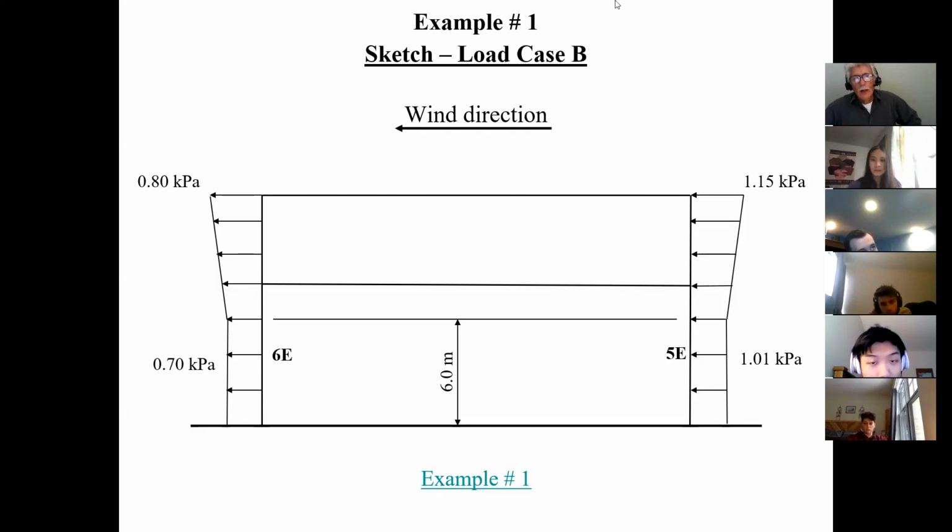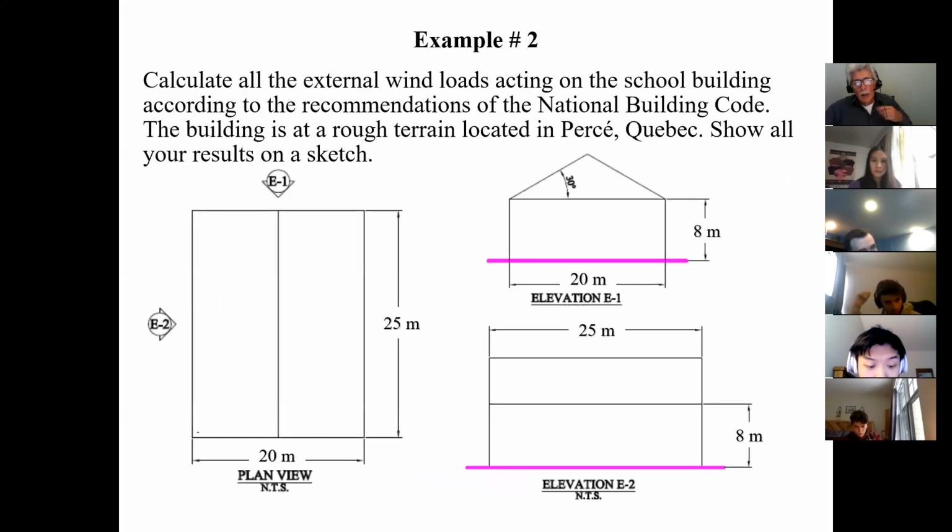No? Now what I'm going to do is clear this and take the same problem. The only difference here is that I'm in a rough terrain. I'm no longer in an open terrain. I want to show you the impact it has on your wind pressures.